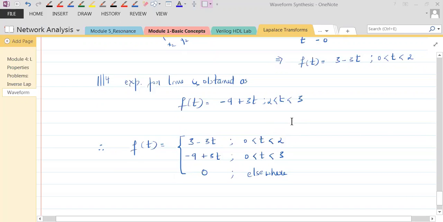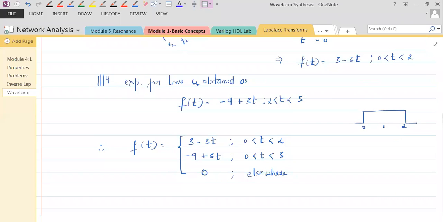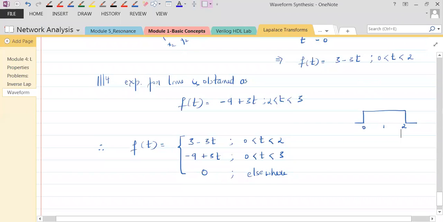I mean this. Anybody would like to give the expression for this? You can unmute yourself. Don't give it in chat. I'll not be able to look into the chat. So if you say, we can easily discuss.